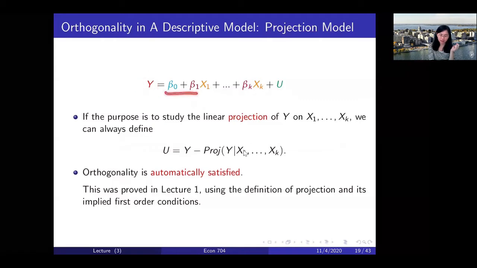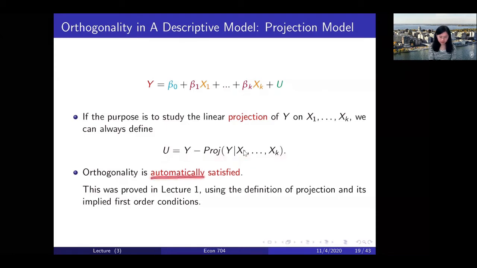Projection of y on x is given by this observable part of the equation. In this context, the purpose is descriptive, and you treat this linear part as the projection of y on x, then the error term equals y minus projection of y given x1 to xk.